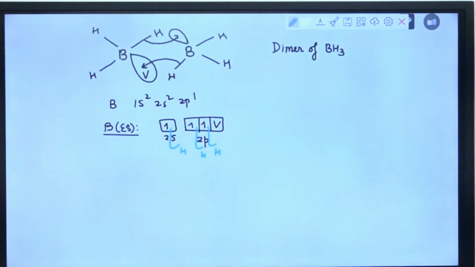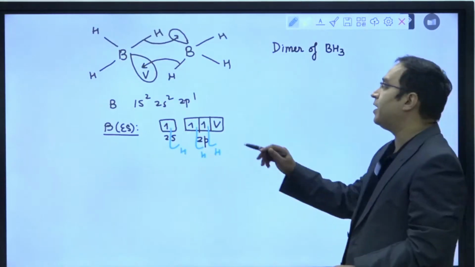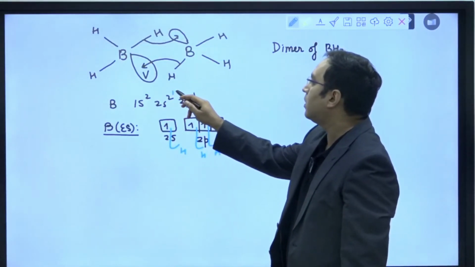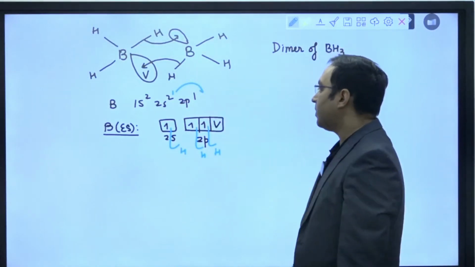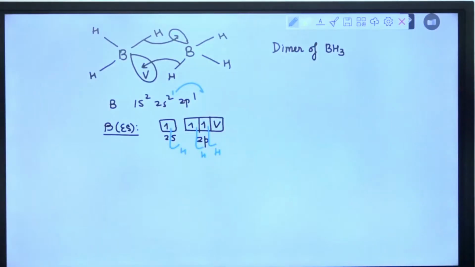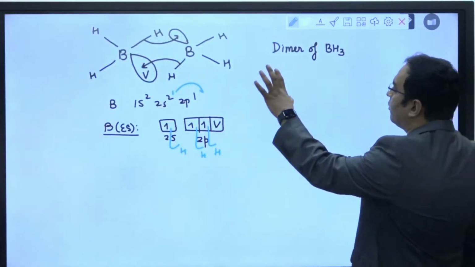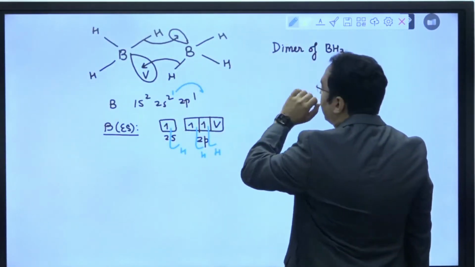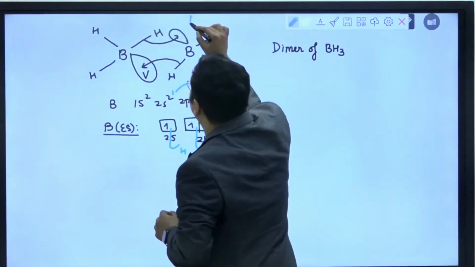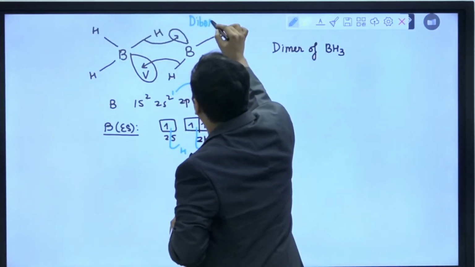Is it clear? Fundamentally, it is clear. 3 bonds with hydrogen and 1 vacant orbital. Any issues with this part? Yeah, excited state. Excited state में ये इलेक्ट्रॉन यहाँ से एक इलेक्ट्रॉन इधर आ जाएगा पता है आपको. Okay now this dimer of borane like BH3, this is called diborane. इसका नाम होता है diborane.